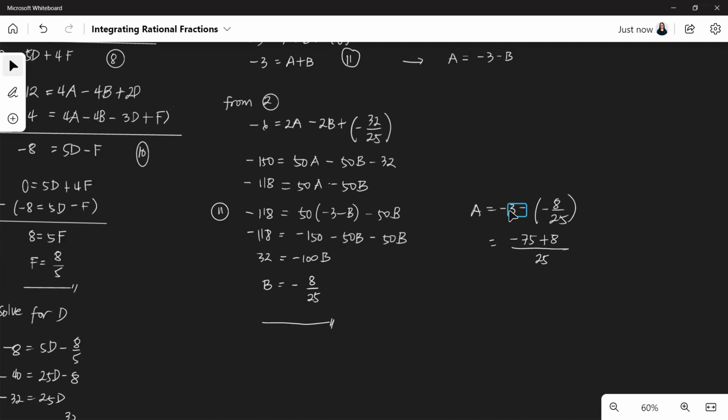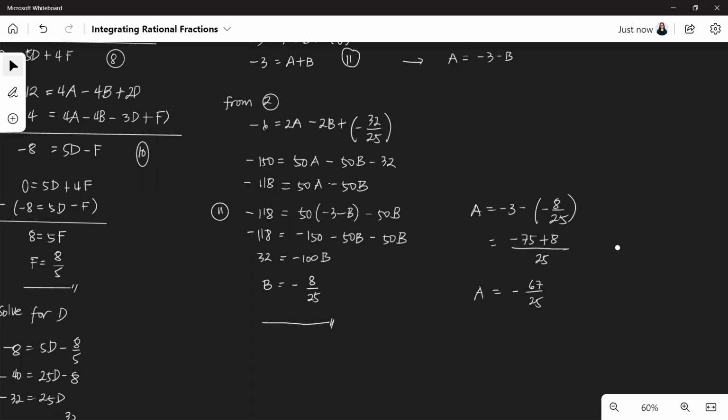Negative 3 times 25 is negative 75, minus 8 is negative 83 over 25.